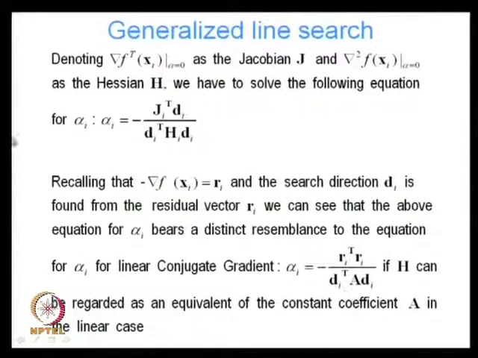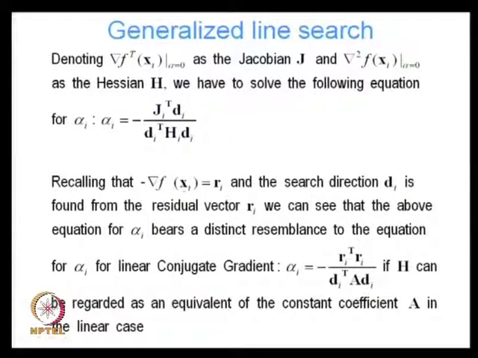Look at the bottom, we have di transpose here, then we have the constant matrix A and we have di. The major difference is that instead of A I have the Hessian here. So the only difference is that in the case of linear conjugate gradient the Hessian is a constant matrix A. Here the Hessian is a variable matrix, it is a function of where I am, it is a function of xi.